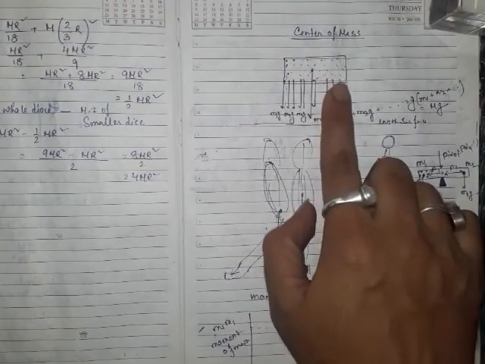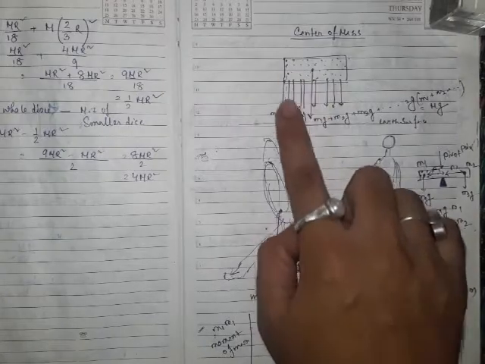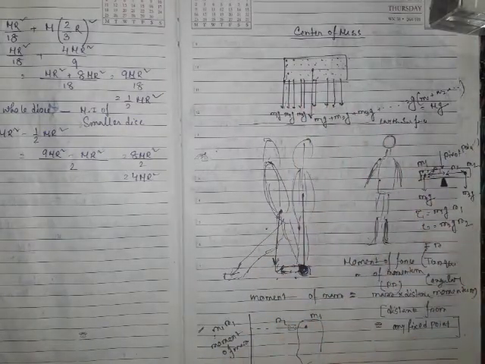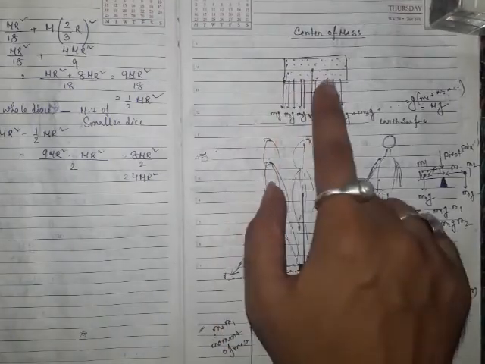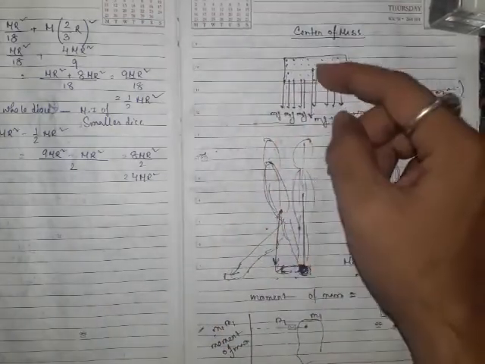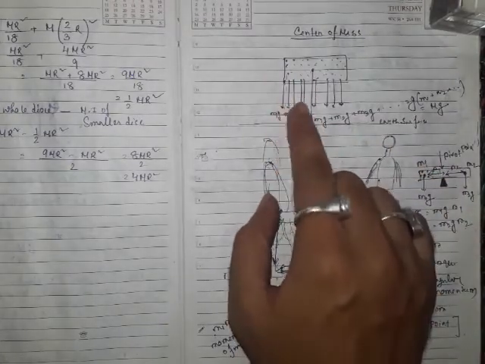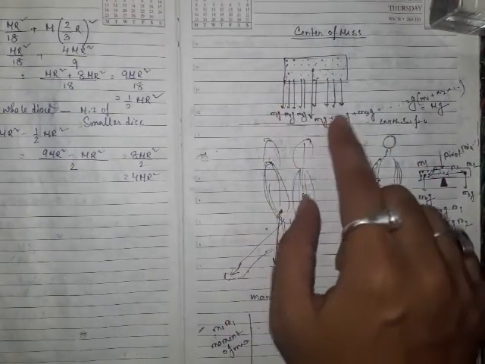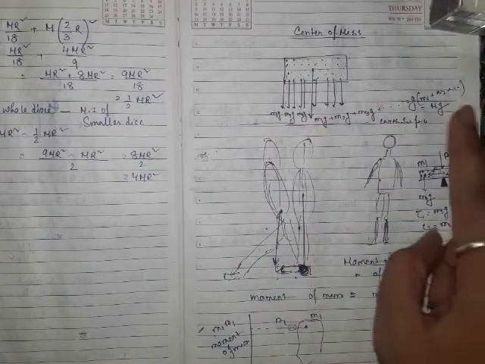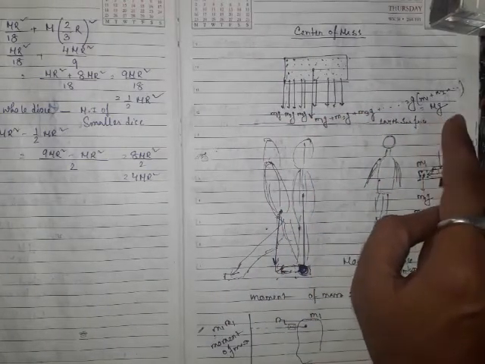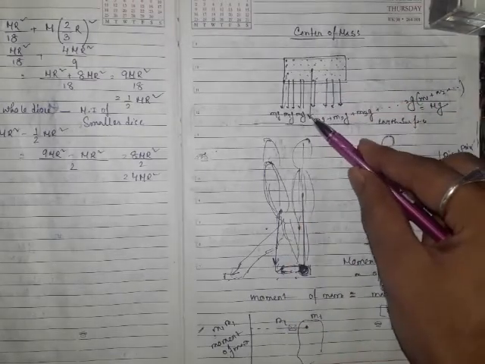You don't need to put a force here or here, because this force is replaced by this single force. So there is no m1g, m2g, m3g or the rest of the terms. Only a single force, capital M into g, acts from this point in the downward direction.